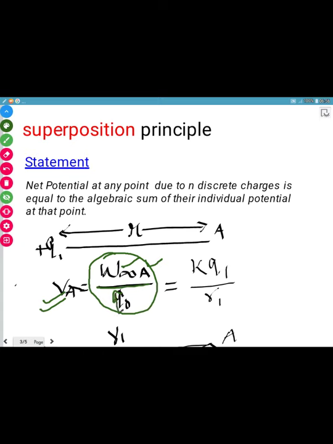That means work done per unit charge is called the potential at A.